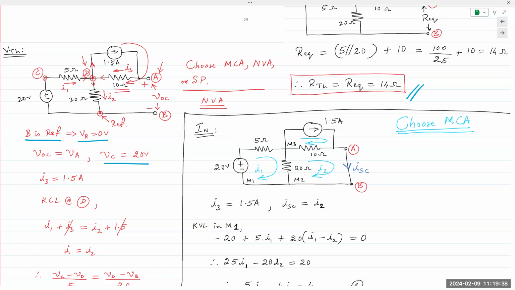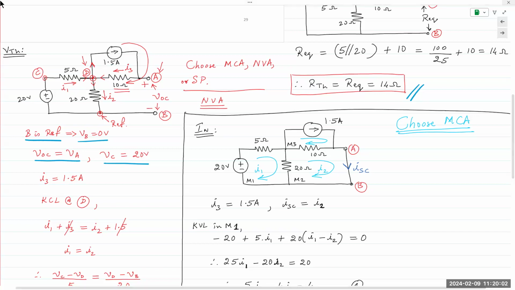And VOC is measured at A with reference to B. So if I choose B as my reference for the analysis, I also conclude that VOC, my open circuit voltage, is VA, the node voltage VA.